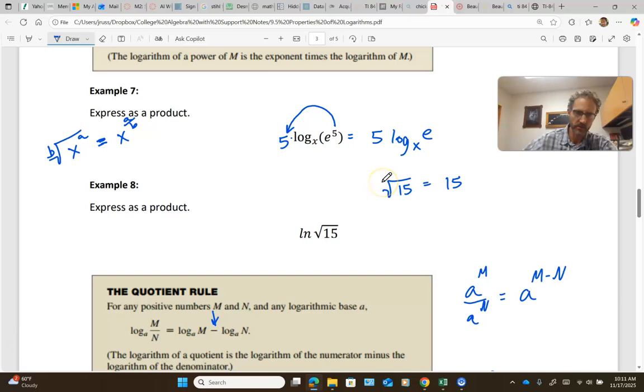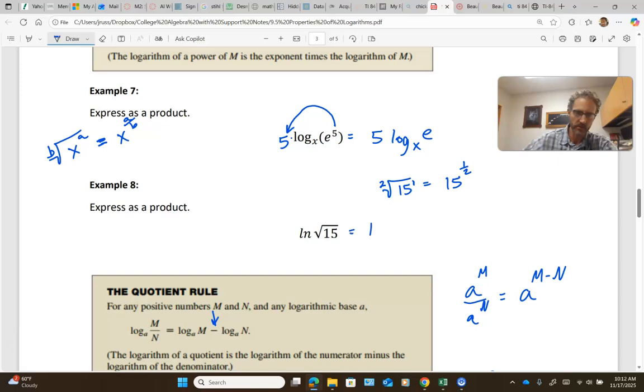Well, the square root, we know that the index is understood to be 2, and anything has an understood power of 1. So this is really the same thing as the second root of 15 to the first. Knowing that, I can re-express the square root of 15 as 15 to the 1/2 power.